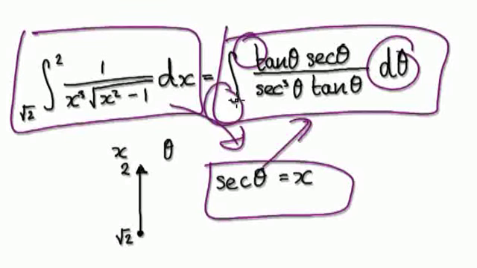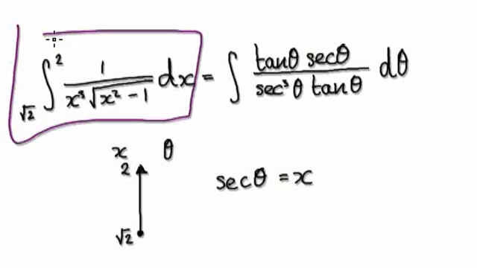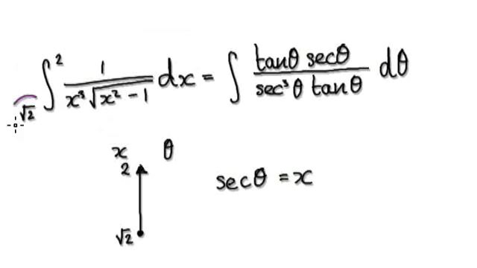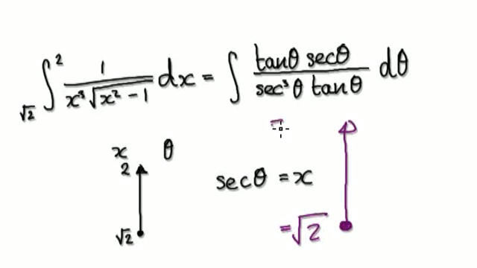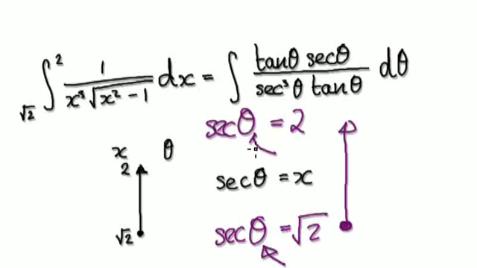In this realm, we are integrating from x being from the square root of 2 all the way to 2. So we need to figure out this theta here, and we also need to figure out this theta here.